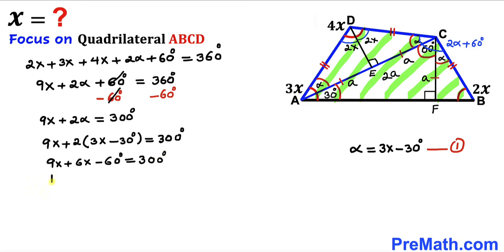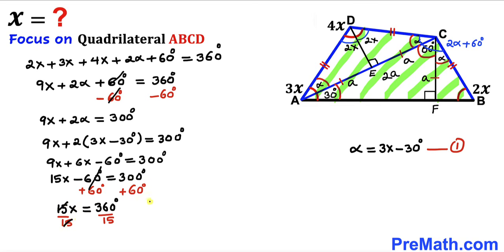That is going to give us 15x minus 60 degrees equal to 300 degrees. Let's add 60 degrees on both sides. This is gone, so we end up with 15x equal to 360 degrees. Let's divide both sides by 15 to isolate x.